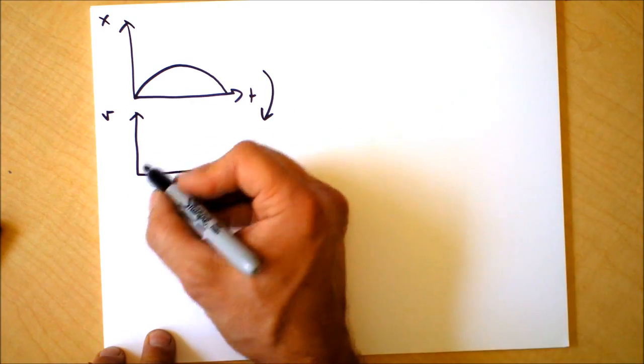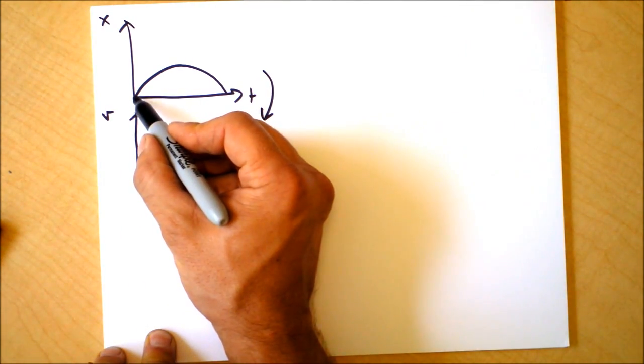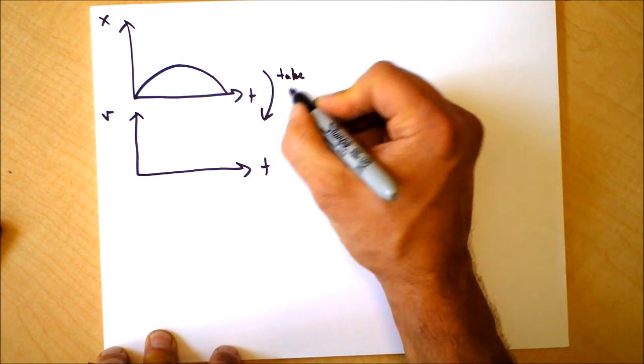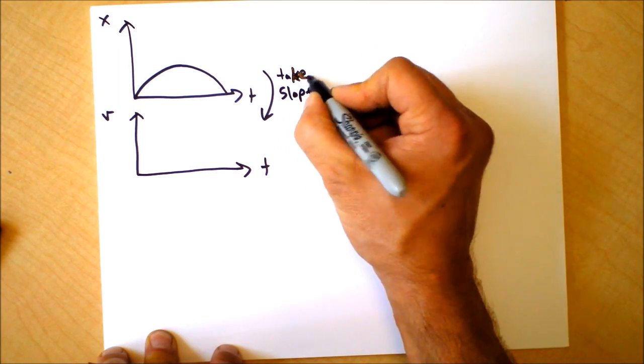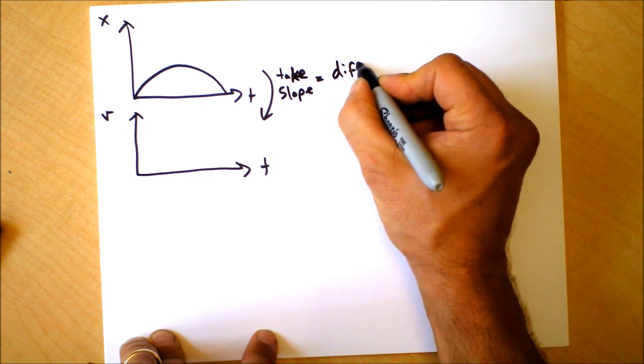And so what we'll do is, we'll say that the velocity starts out positive. The slope here is positive. Taking the slope is the same thing as differentiating.